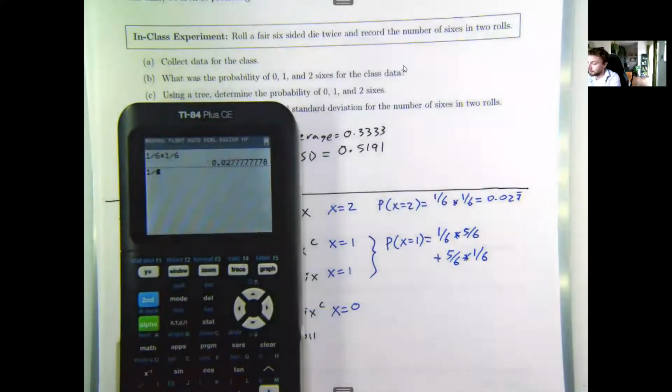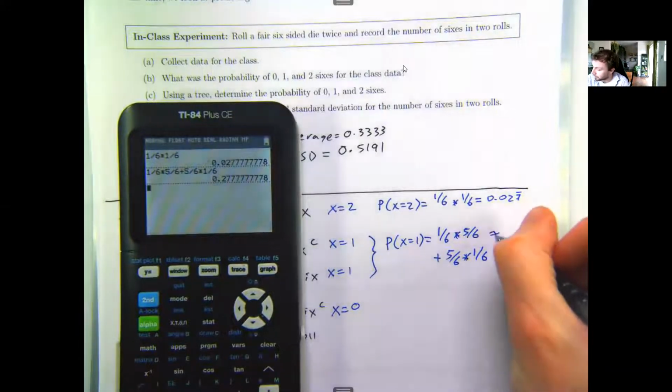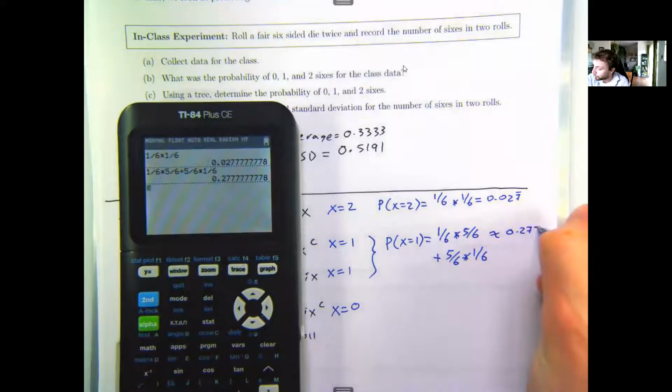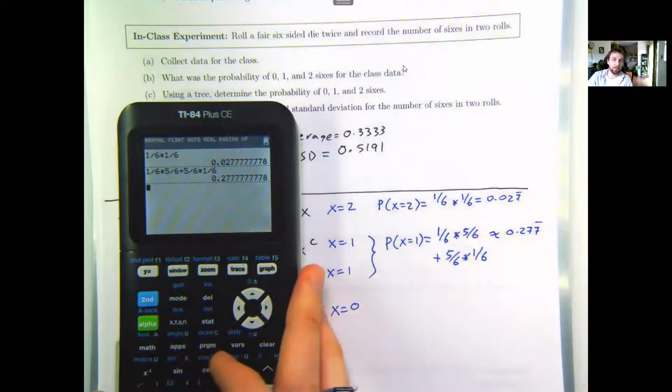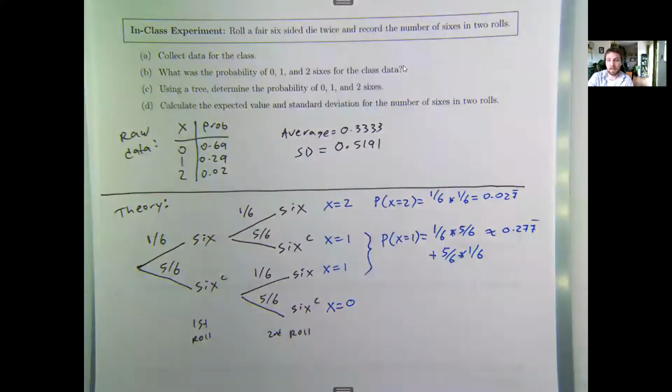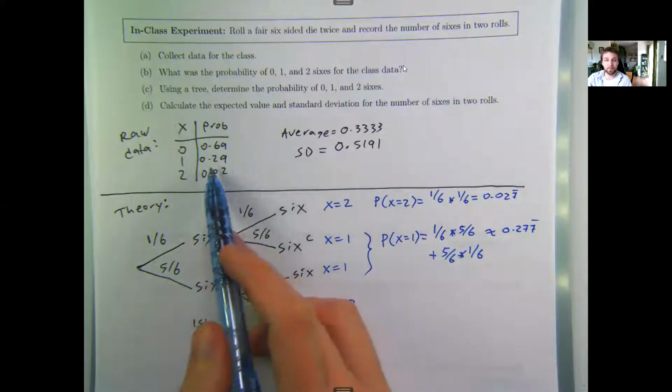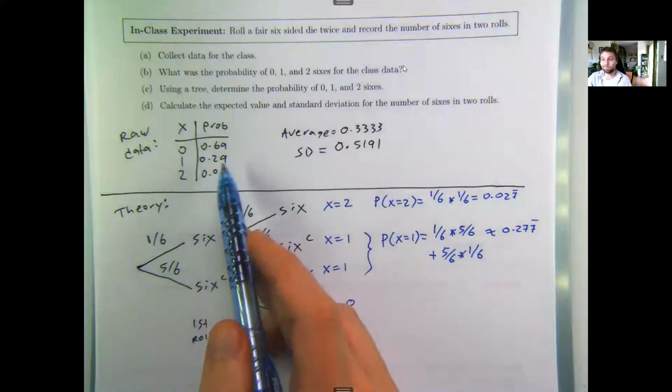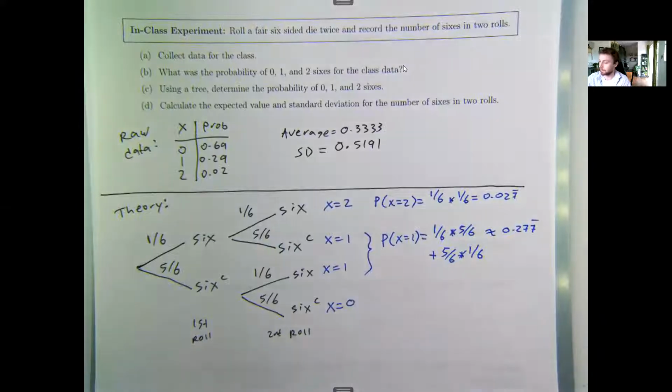So I have 1/6 times 5/6, and I have 5/6 times 1/6. And combining these, I get that this is approximately 27.7% repeating. When I was looking at the raw data, I got approximately 29%. You know what? That's also pretty close.